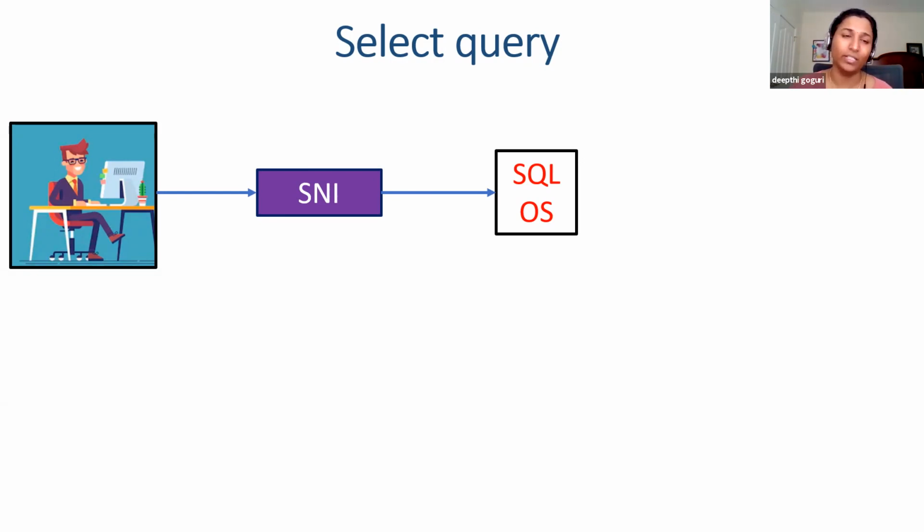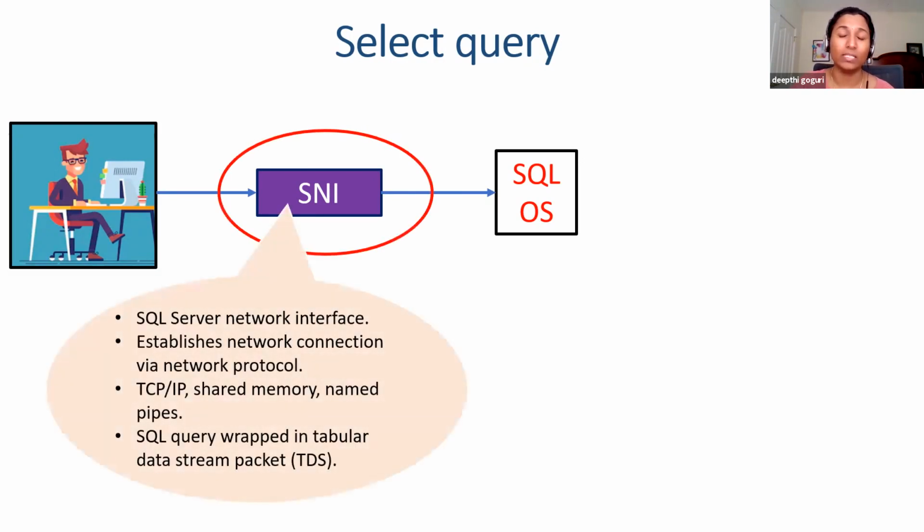No matter what kind of interface he is using, he should first get the secure network connection to the SQL Server. Now, how does he get that? There is something known as SNI, which is also known as SQL Server Network Interface. Now, what the SQL Server Network Interface does is it will establish a secure network connection between the SQL Server as well as the client.